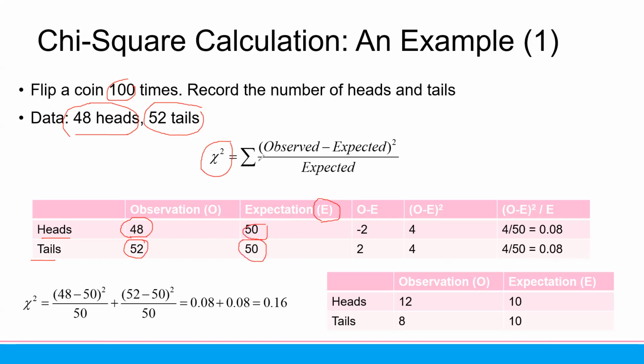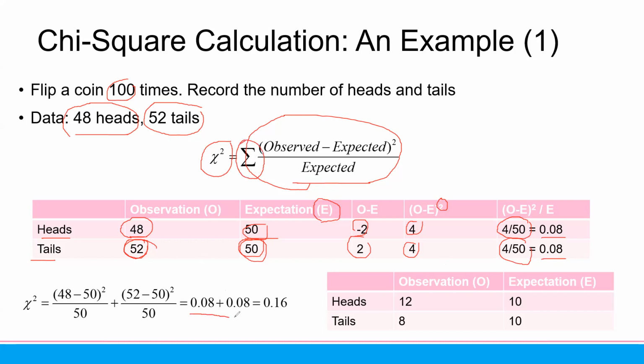Then you just put the numbers into this formula. 48 minus 50 is minus 2, and 52 minus 50 is 2, then you square, and divide by the expected value, which is 50. We get 0.08, and the chi-square is the summation, sigma.